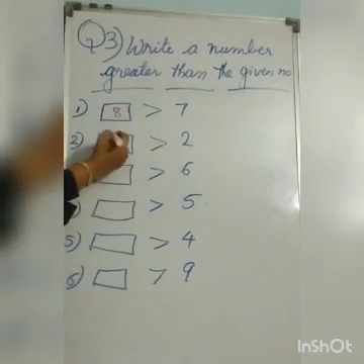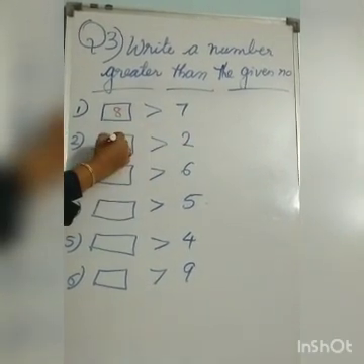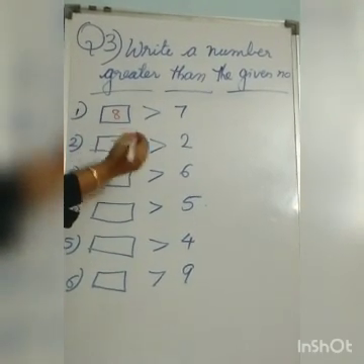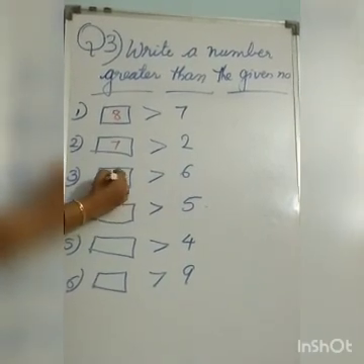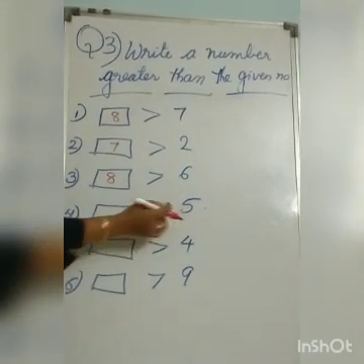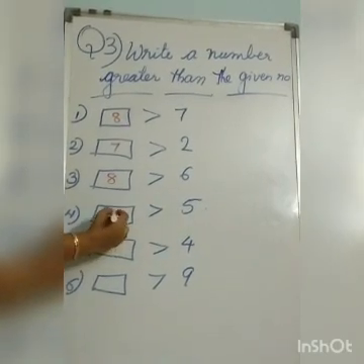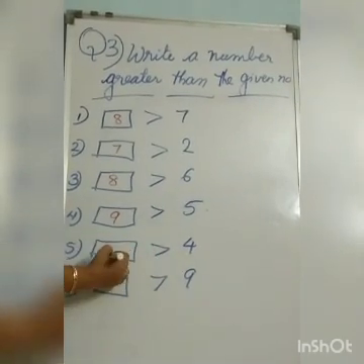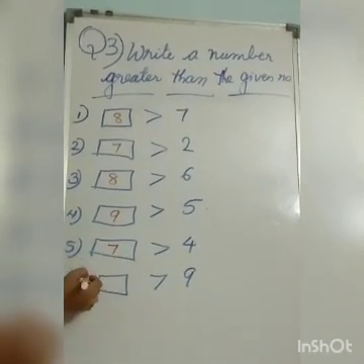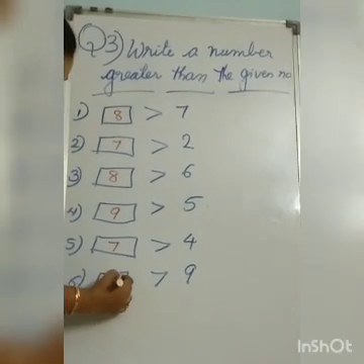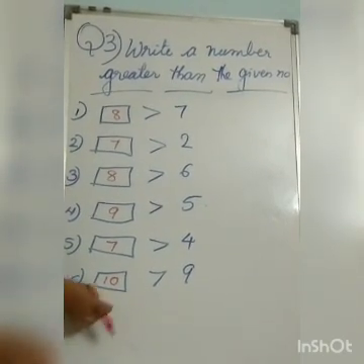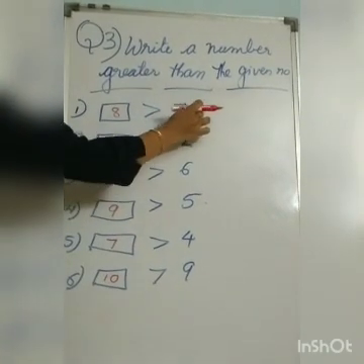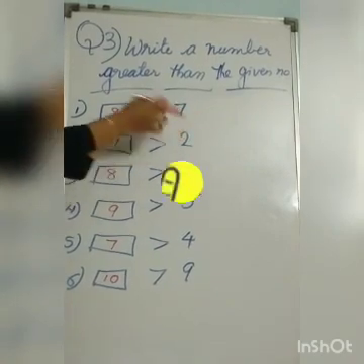Here 2, you can write 6, from 3 to 10. 7, 6, 8. Dash is greater than 5. 9 is greater than 5. 7 is greater than 4. 10 is greater than 9. Understood this? You can write a greater number than the given number.